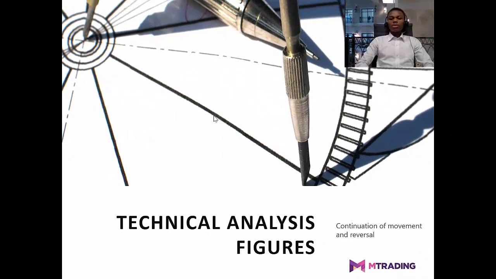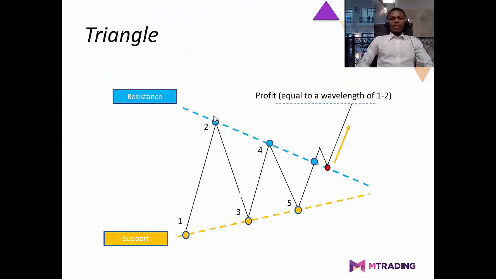Now, technical analysis using figures. This will take us to a second level, where we have what we call continuation of movement and reversal. There is a triangle figure. What you see here is a support level, and this is a resistance level.